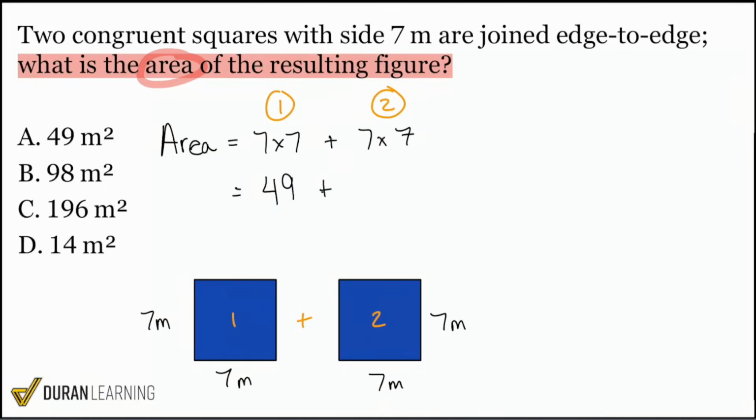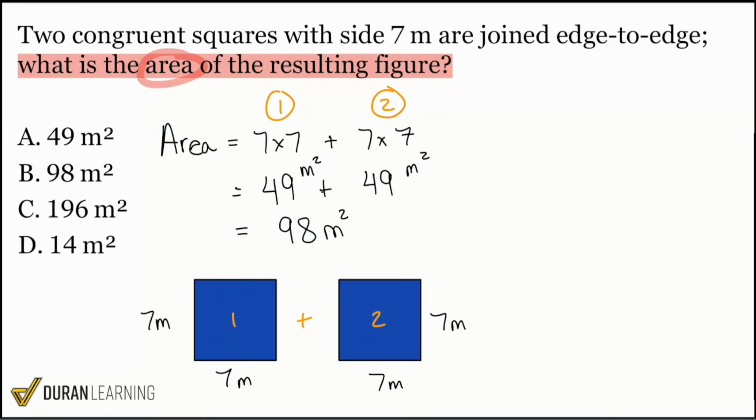And if we add that with what we know the other area is going to be, 49, add both of these together and we will get 98 square meters. Because the first one is 49 square meters, the second one is 49 square meters. Add them together and we get 98 square meters.